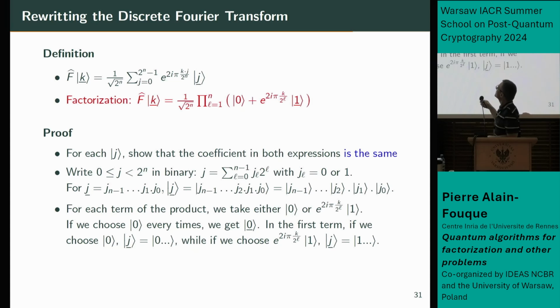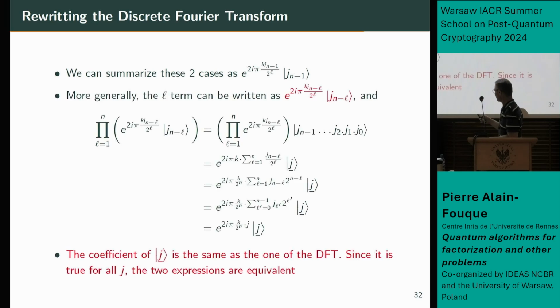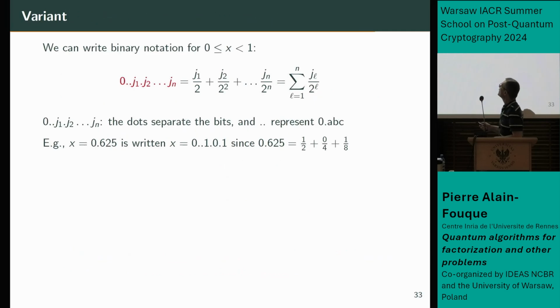Otherwise, if you take some value from 0 and sometimes from 1, you will have to switch sometimes, and basically you will recover the decomposition of the value j that you begin with here. So you can summarize everything. The proof is not very complicated. You just prove that for the two different decompositions, it will give you exactly the same value.